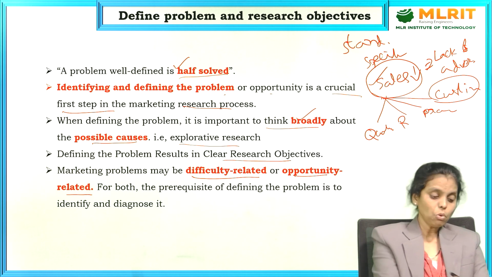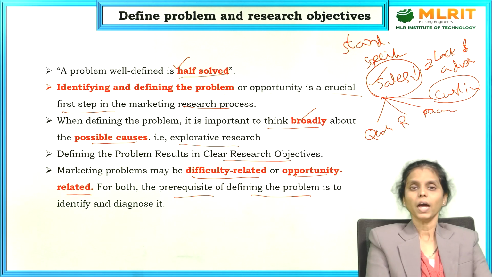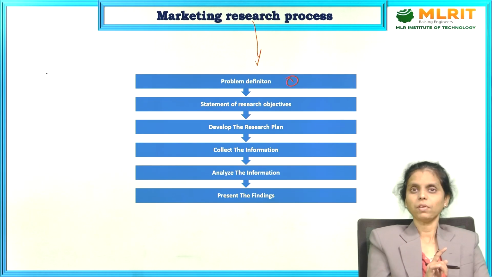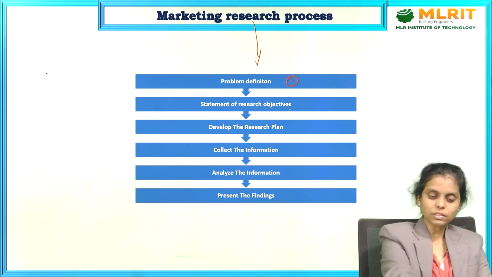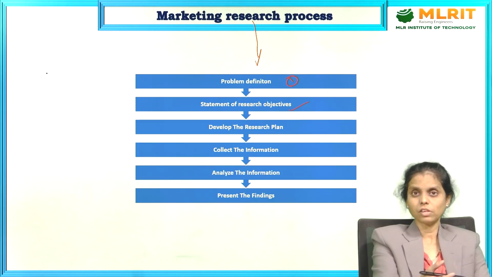For both, the prerequisite is defining the problem, that is, identifying and diagnosing the problem. Now, the first step in the research process is analyzing or defining the problem in a clear sense. Okay, we have defined our problem in a clear sense, and at the same time we also define our objectives. What might be the objectives, as we listed just now?